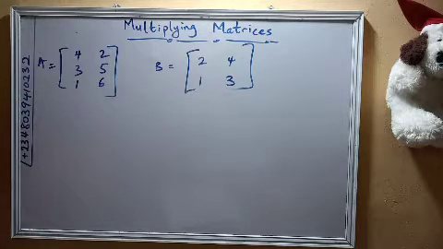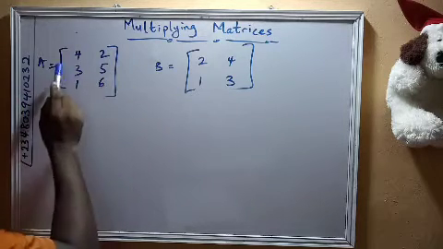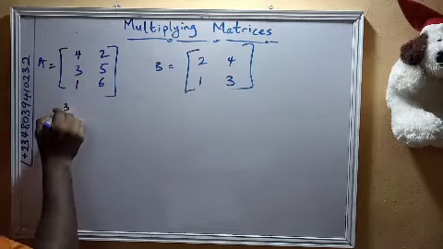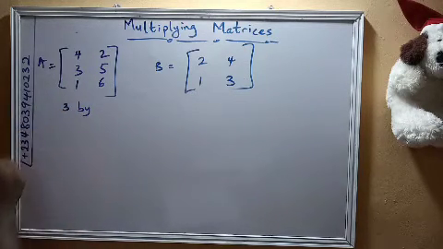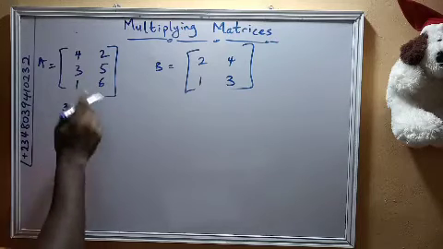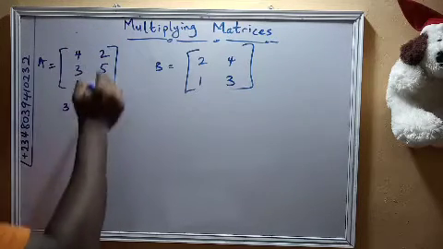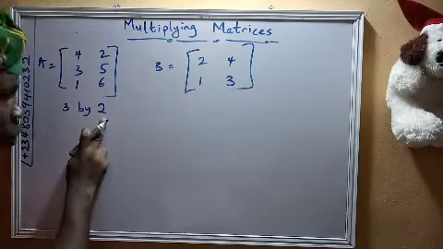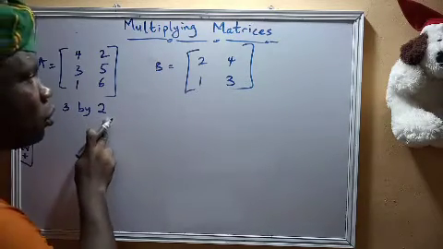Now matrix A has 1 row, 2 rows, 3 rows. So it has 3 by, it's always row by column, 1 column, 2 columns. So 3 rows by 2 columns.